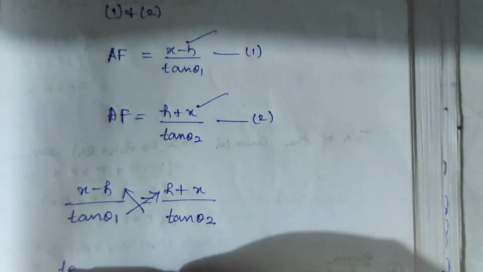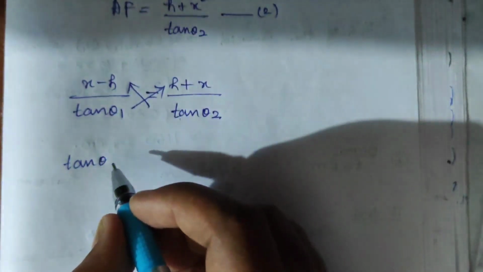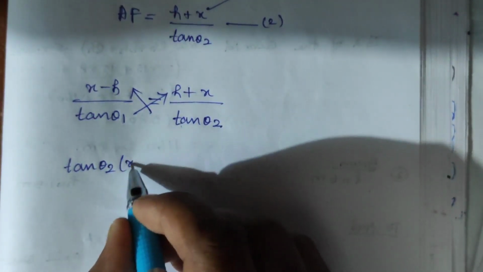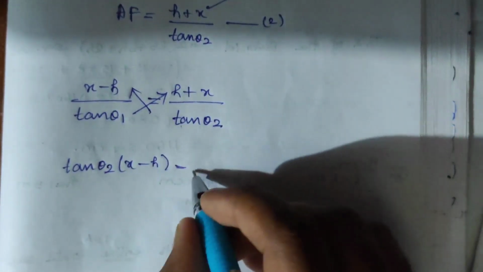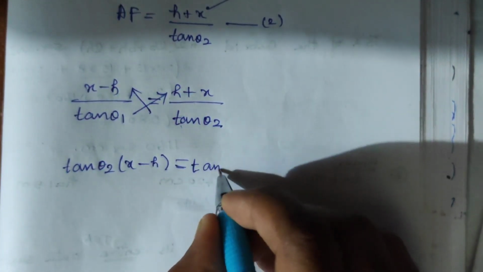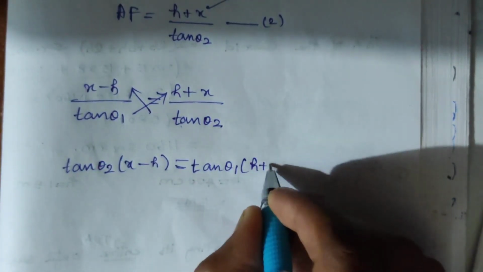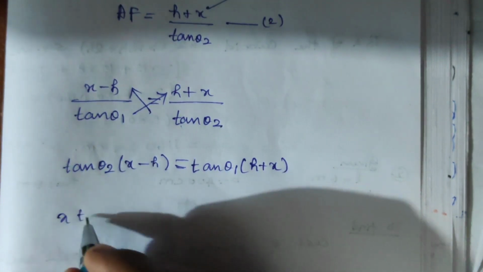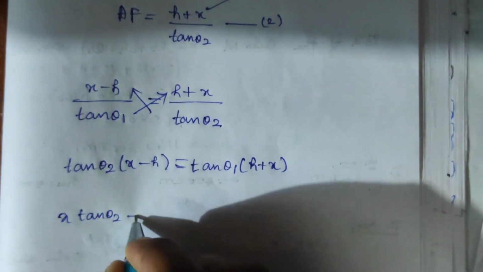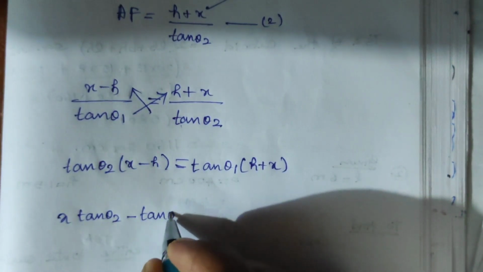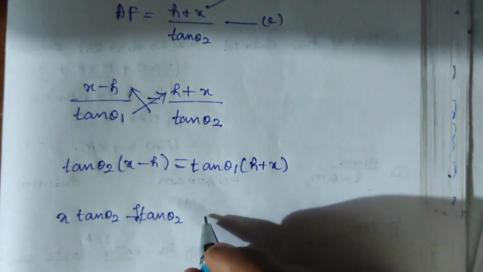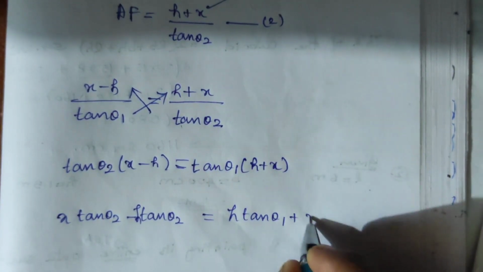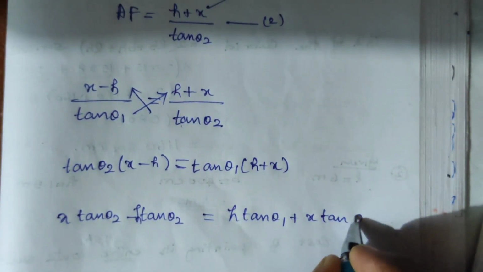So tan theta 2 into x minus h is equal to tan theta 1 into h plus x. So x tan theta 2 minus h tan theta 2 is equal to h tan theta 1 plus x tan theta 1.